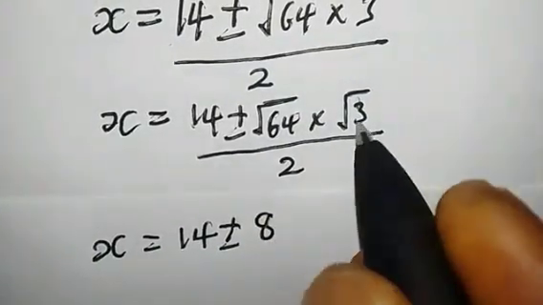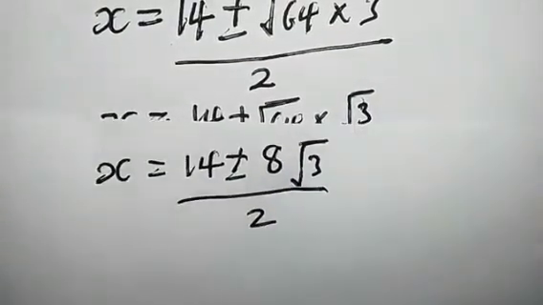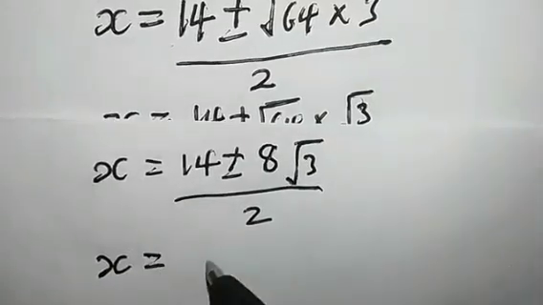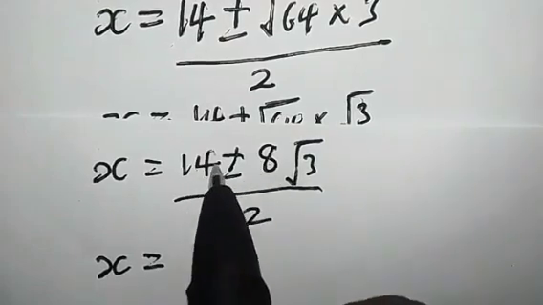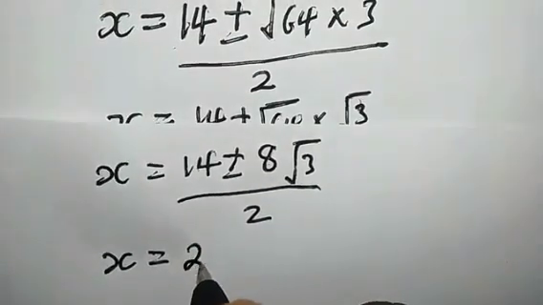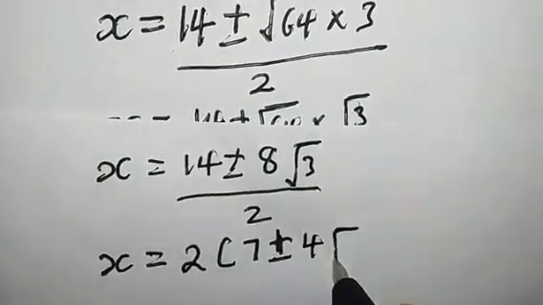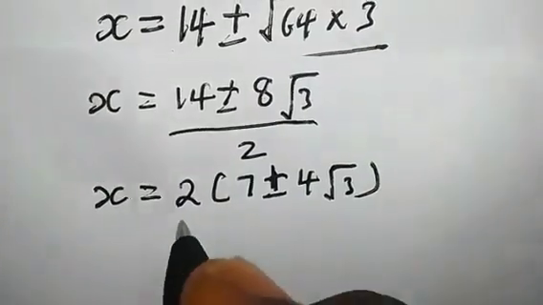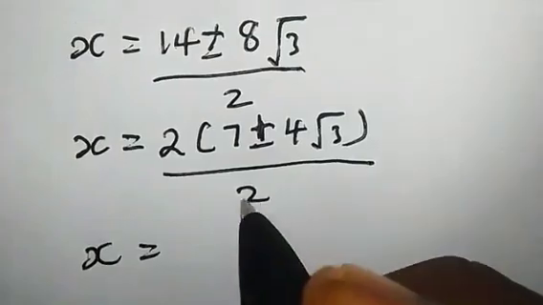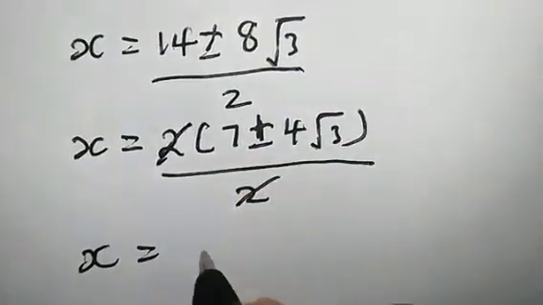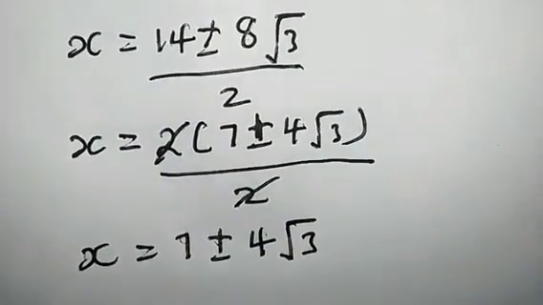That is simply 8 times root 3 divided by 2. x equal to, you will see that it is possible we can factor out 2 from these two terms. So that will be 2 into 7 plus or minus 4 times square root of 3 divided by 2. x equal to, clearly 2 cancels 2. We are left with 7 plus or minus 4 root 3.